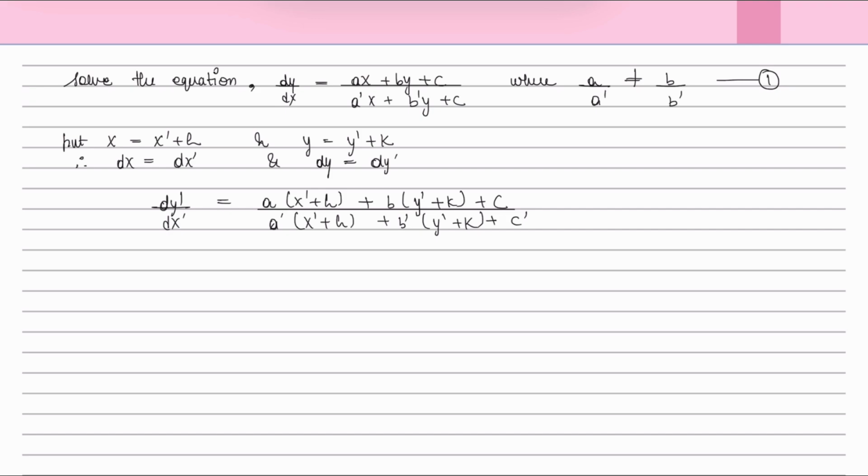And when we simplify this, it will be like a into x dash plus b into y dash.